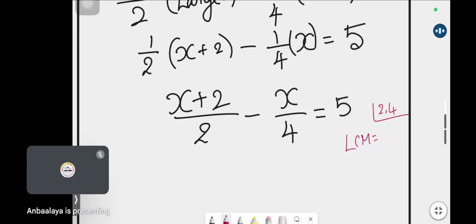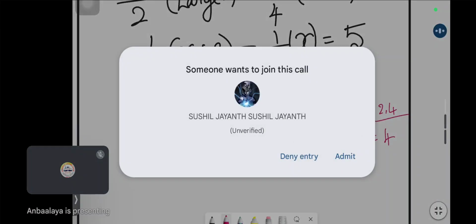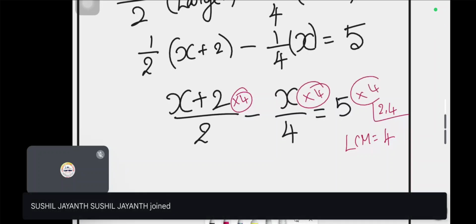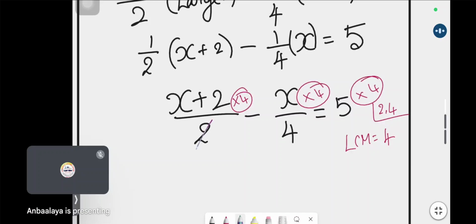If one number is a factor of the other number, the bigger number is the LCM. So the LCM is 4. We multiply all the terms by this LCM. Now we can cancel this. 2 times 2 is 4, and 4 times 1 is 4.